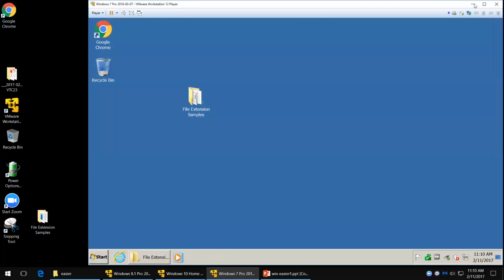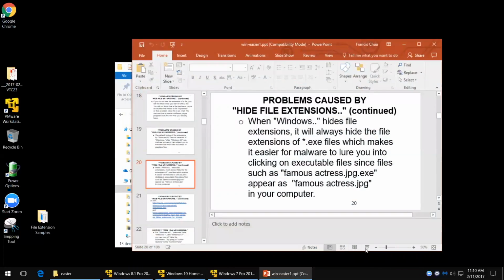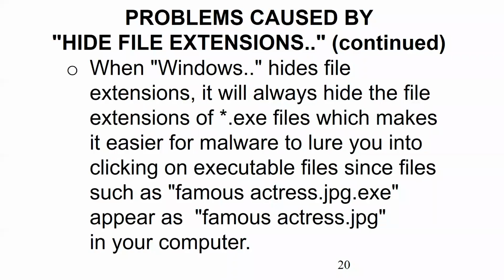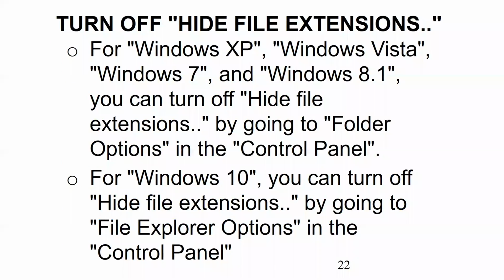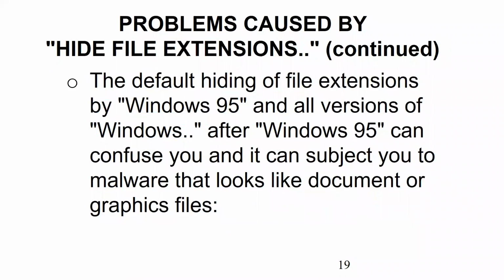Okay, so what else can I tell you about? I'm going to go ahead and go back to full screen. There's a lot of people complaining about the fact that file extensions are hidden. All right, you can resolve this problem.